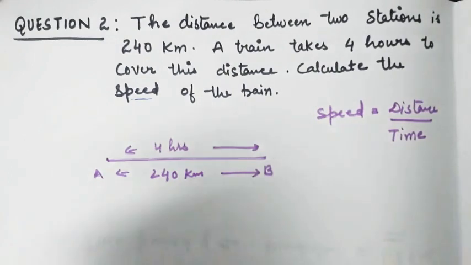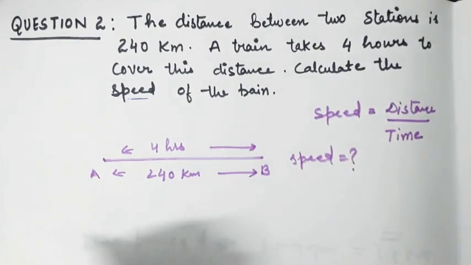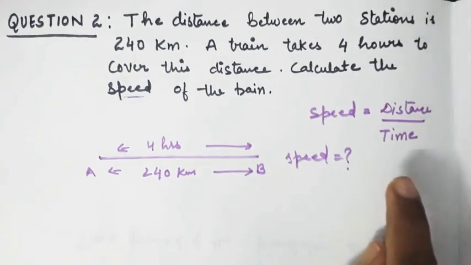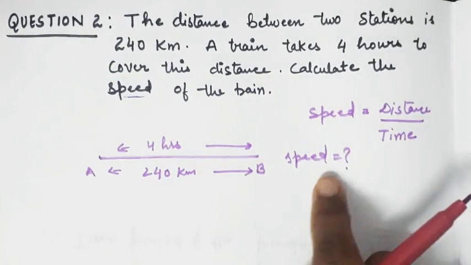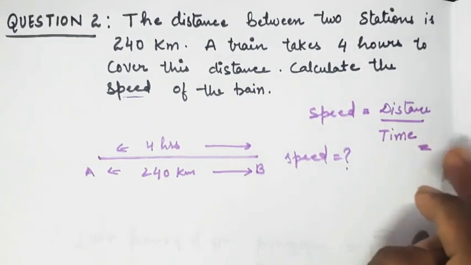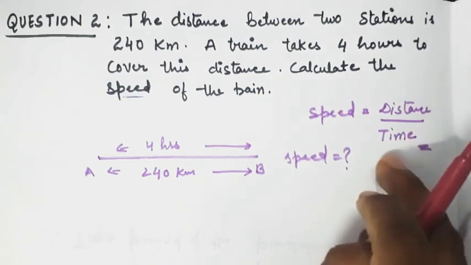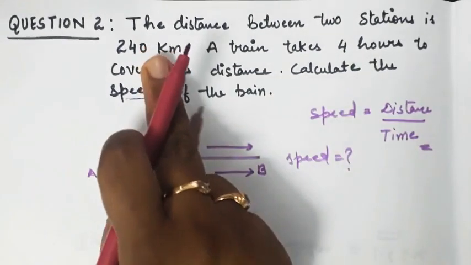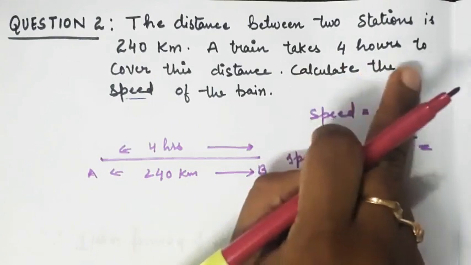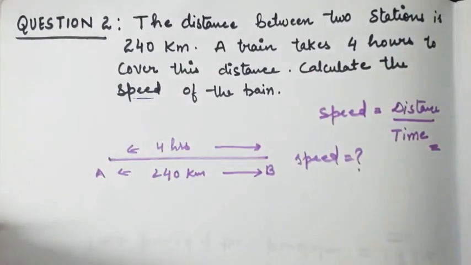Then what will be the speed we need to find? So always remember that to find the speed we have this formula, but take care of the units also. If it is a kilometer, then the time should be in hour. So here we go for the solution.